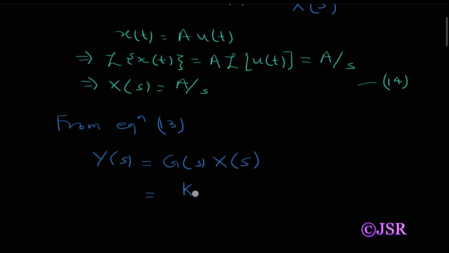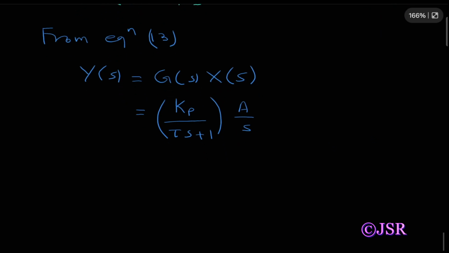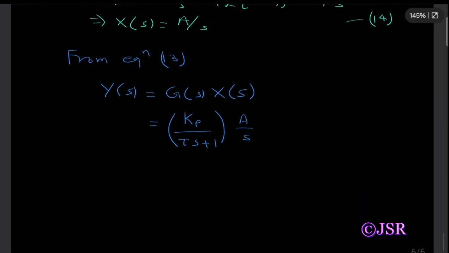So this will be kp upon tau s plus 1, and this will be a upon s. So this is a kp upon s into tau s plus 1.